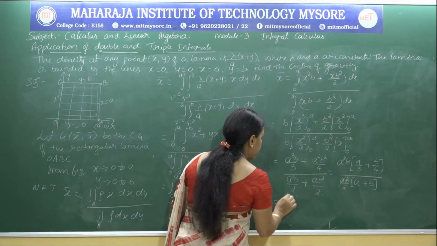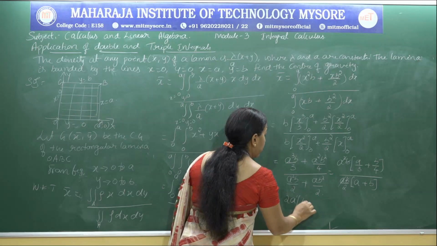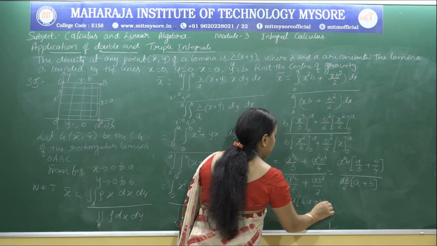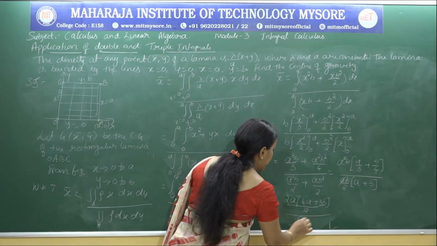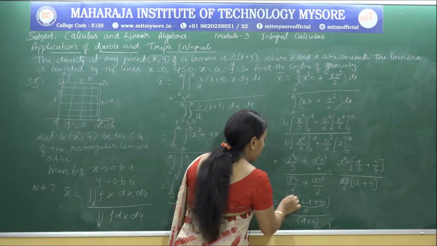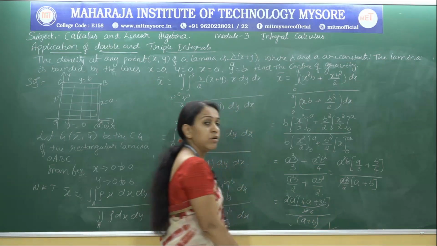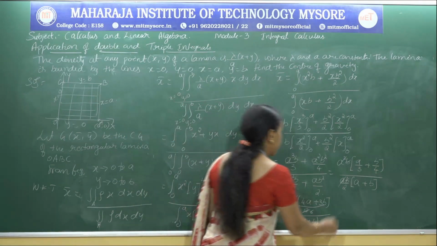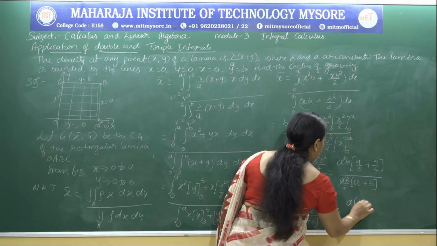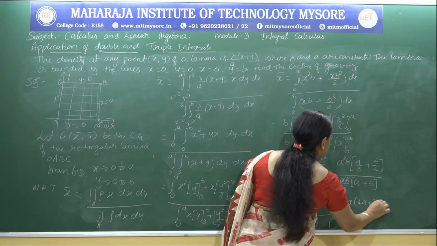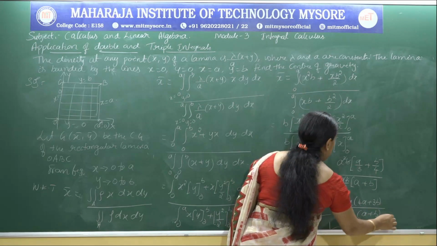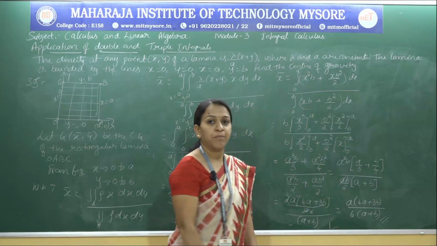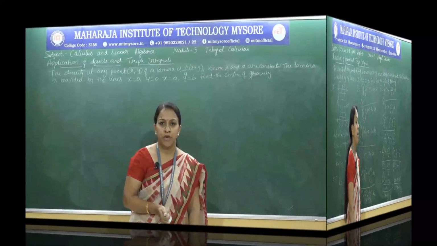So I am left with a also, 2a into (4a plus 3b) by 12, whole divided by a plus b, or I can cancel 12 with 2, 6 times. So that we remain with a into (4a plus 3b) divided by 6 into (a plus b), which is our x bar.